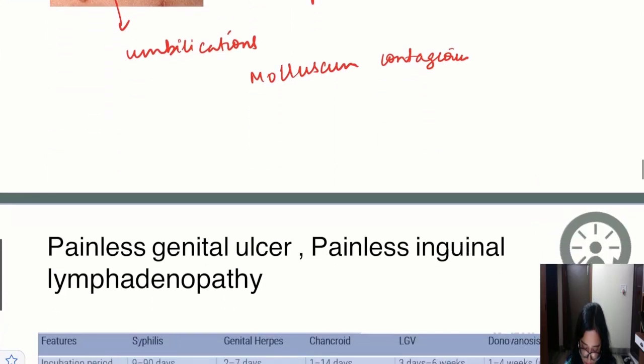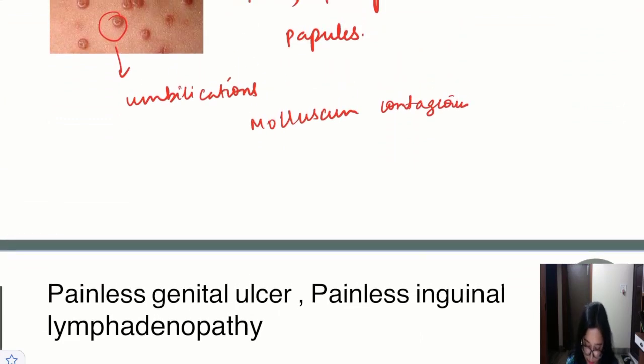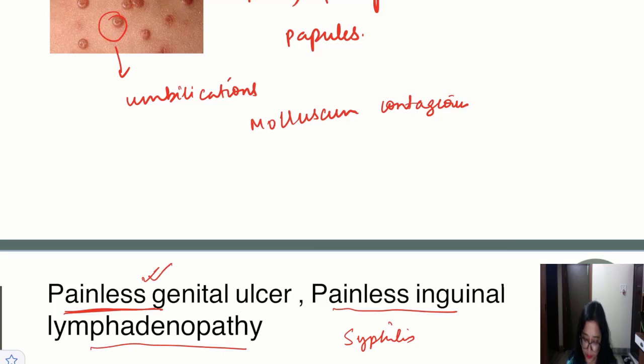We move on to the next question, which was a patient presented with a painless genital ulcer and painless inguinal lymphadenopathy. Whatever the history, if we divide the genital ulcers, we know that in syphilis it is a single painless ulcer, and the inguinal lymphadenopathy is bilateral, which is also painless.